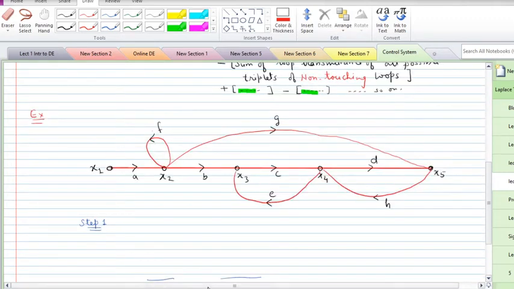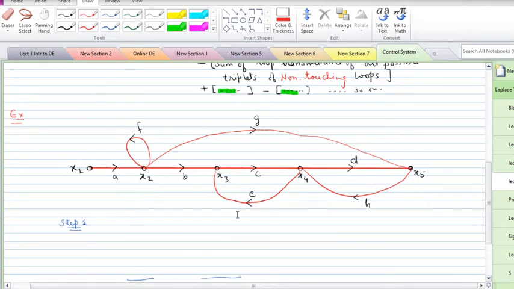Let us take this example. In this example, we first have to find the possible forward paths. Here you can see that we can choose this as the first possible path, starting from x1, moving this way and reaching x5.